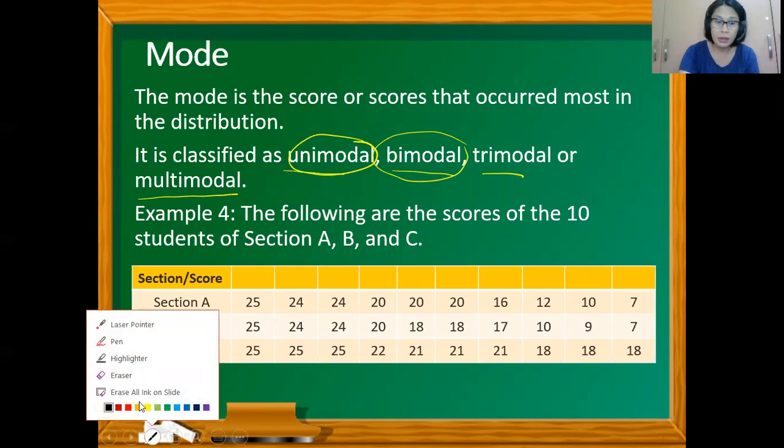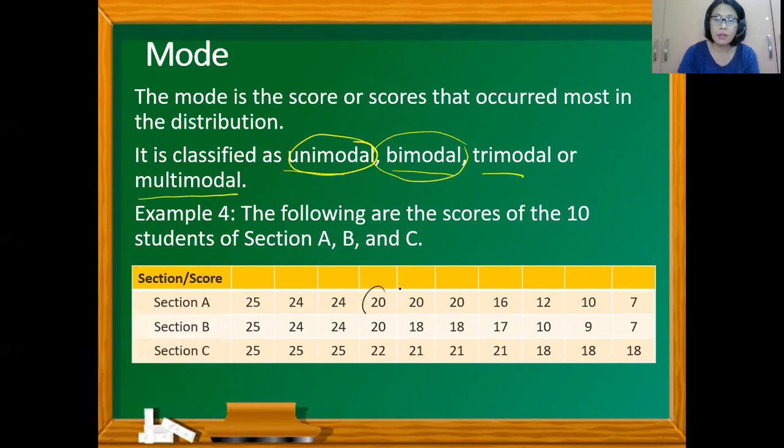So the mode, which is denoted by x sub 0, is equal to 20 for section A, and this is unimodal because we only have one highest frequency, and that is 20.